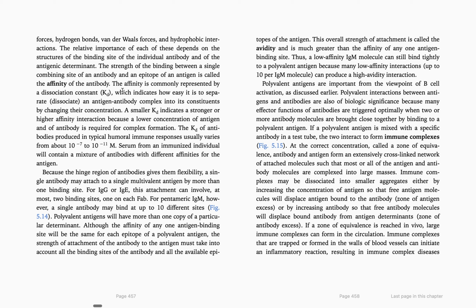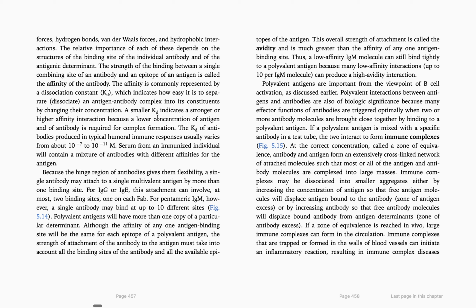The strength of binding between a single combining site of an antibody and an epitope of an antigen is called the affinity of the antibody. The affinity is commonly represented by the dissociation constant, which indicates how easy it is to dissociate an antigen-antibody complex into its constituents by changing their concentration.